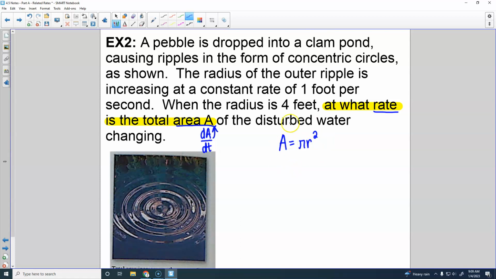So we can just take the derivative of this. The derivative of A would be dA/dt. And we've got pi r squared. What's the derivative of that? 2 pi r dr/dt.